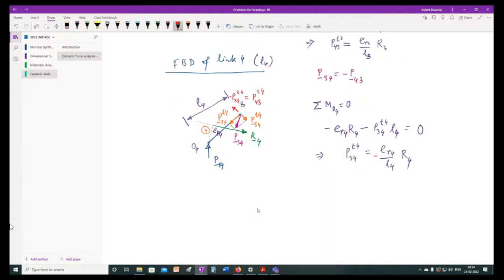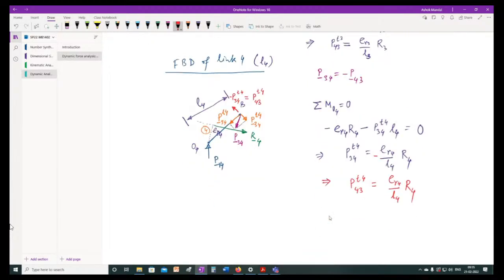From that analogy, we will call this force P43 tangential to 4, and that must equal ER4 by L4 into R4, right? Only the negative sign should not be there.